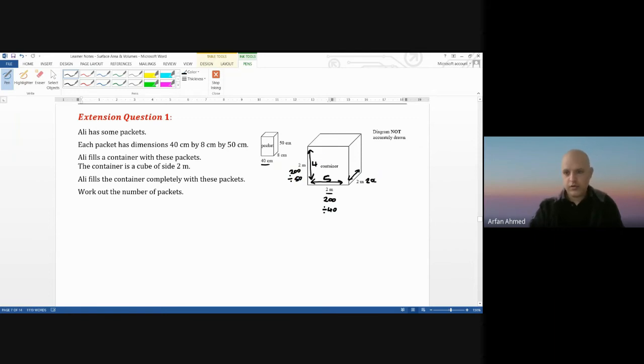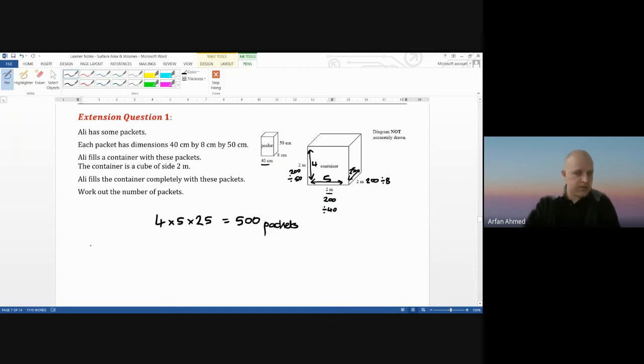And 200 divided by 8. Oh, yeah, it does go 25 times. So it's going to be 5 by 4 by 25. That's how many you're going to have. So 4 times 5 times 25. 500. 500 packets. Yeah, that's your answer.